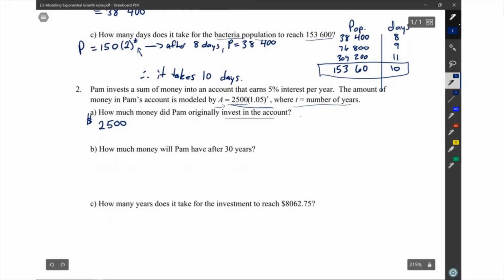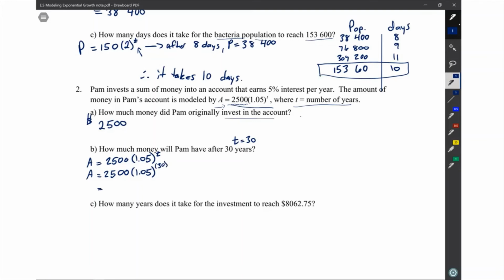How much money will Pam have after 30 years? So just like above, we're given our t, which is 30 years. And so our equation is the amount equals 2,500 times 1.05 to the power of t. And if t equals 30, we're trying to find out what A is.